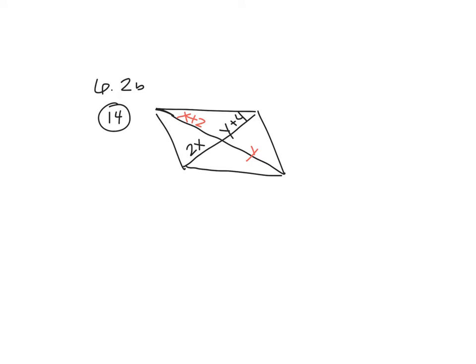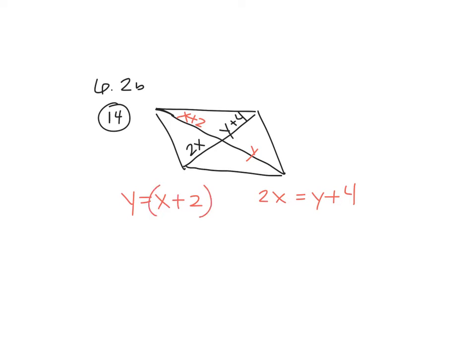In number 14 from 6-2b, you would set the parts of the diagonal equal to find x and y. So y equals x plus 2 and 2x equals y plus 4. And then you're just going to substitute.